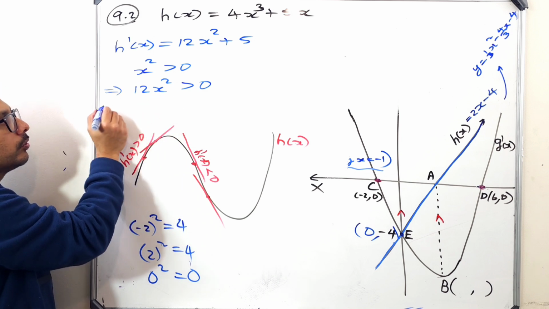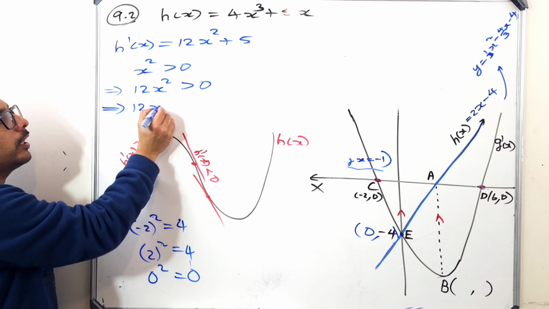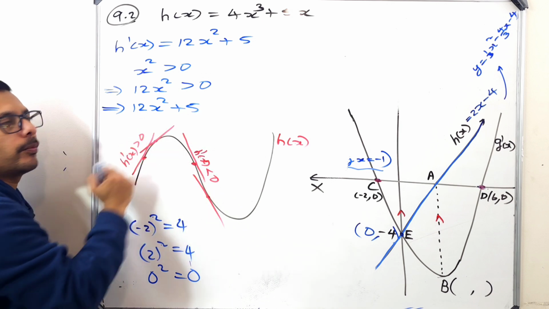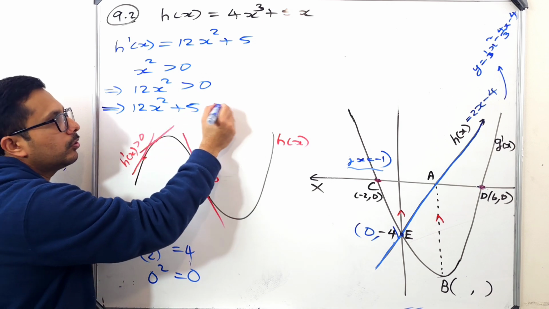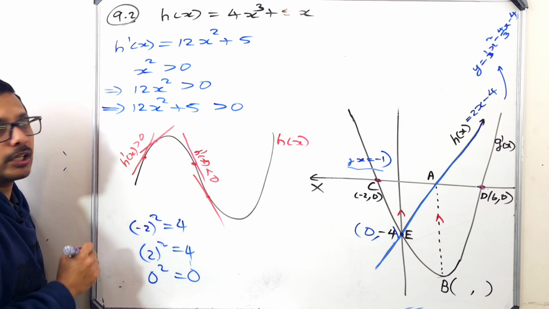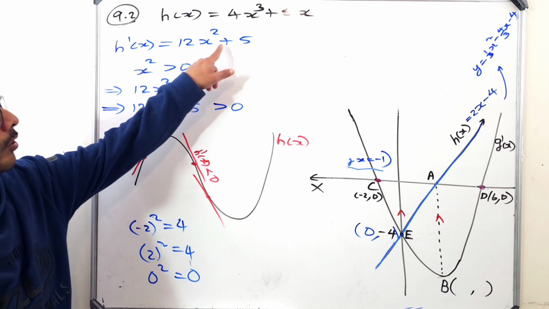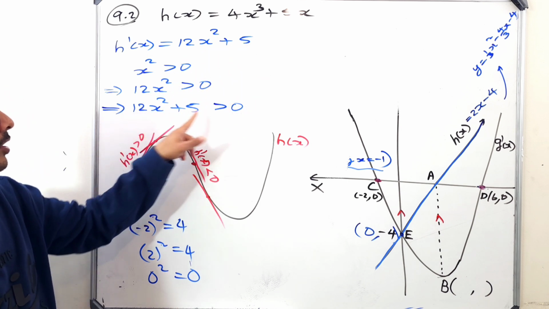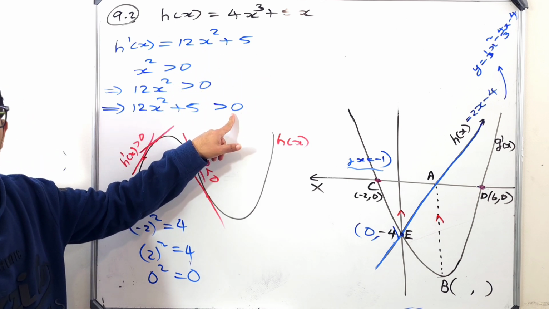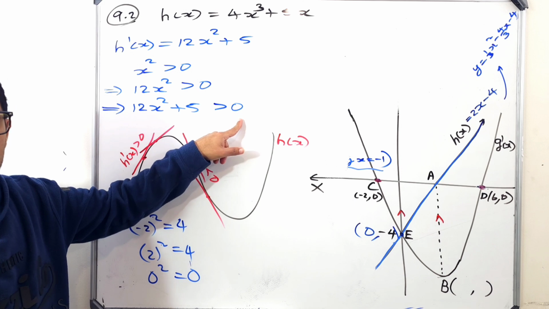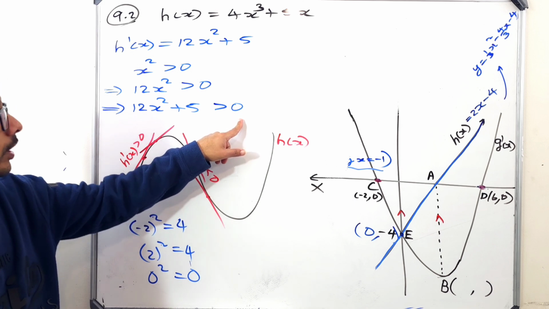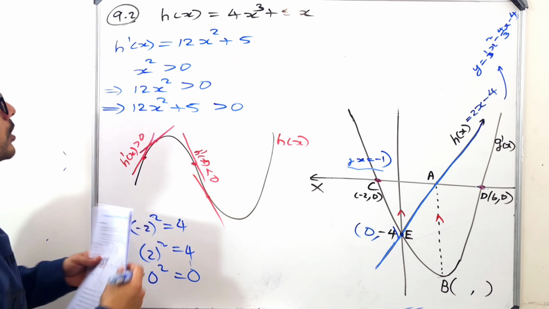What if I just add 5 to that positive number? That one is also positive. Do you understand? So this 12x squared plus 5 is always positive, greater than 0.